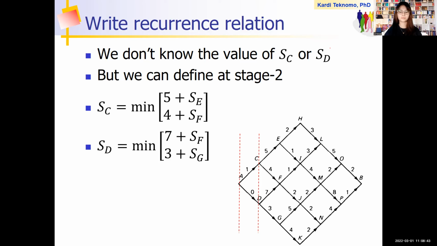Now, I didn't know earlier about SC and SD. Now we will go to point C, in stage 2. So this is stage 1, this is stage 2. Now I'm in stage 2, in node C. To go to node B, the goal, how to do it?